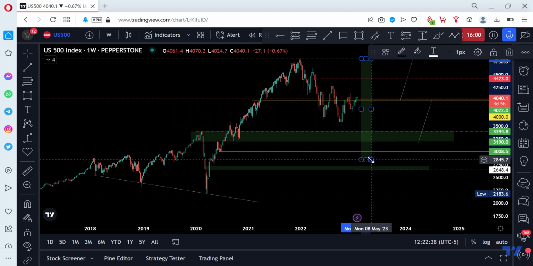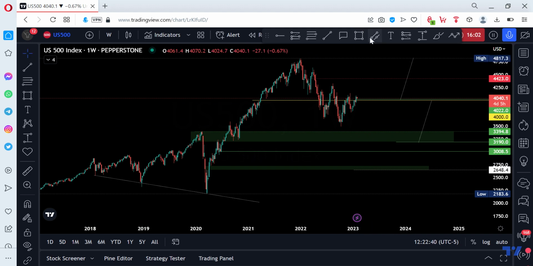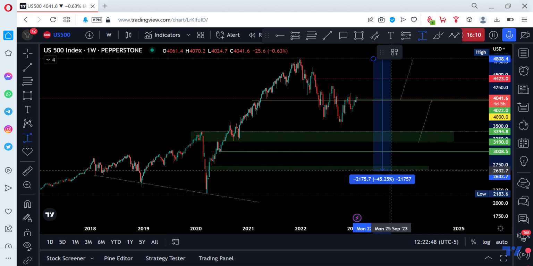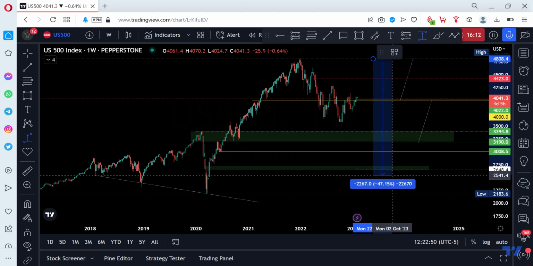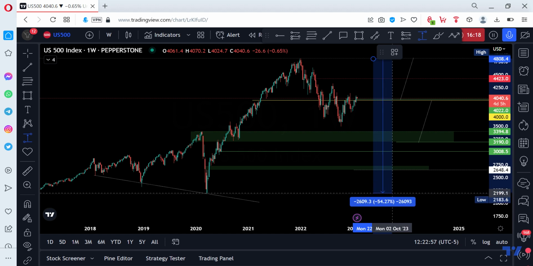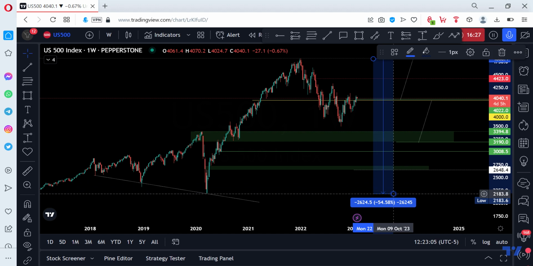And from the high, if we bring the price lower, you see this is going to be 45%, this is going to be 50%. But if we ever come here, the probability of coming here is very low. It's going to be a 54% drop. That doesn't happen often.